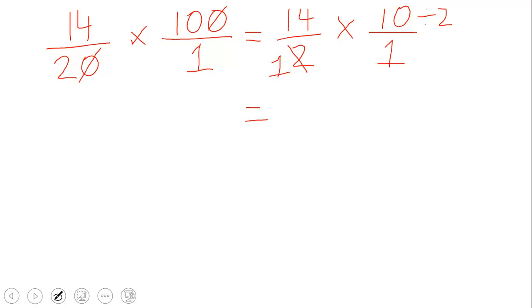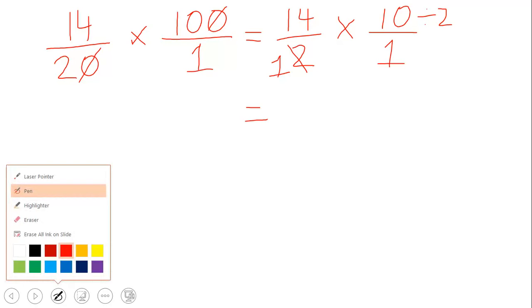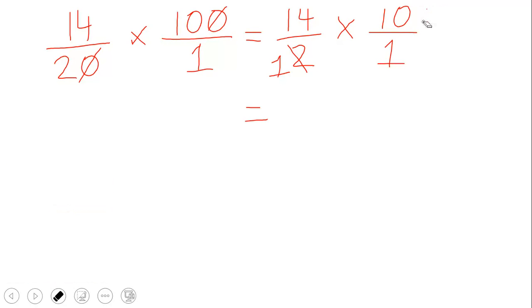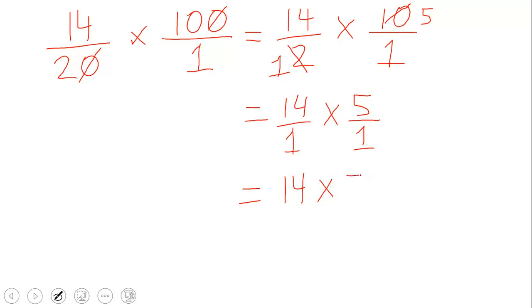And 10 divided by 2 is indeed 5. So now we have 14 over 1 times 5 over 1. And this is equal to 14, since 14 over 1 is simply 14, and 5 over 1 is simply 5.